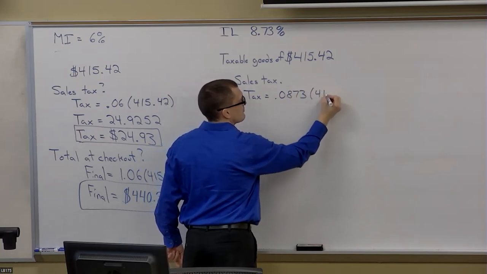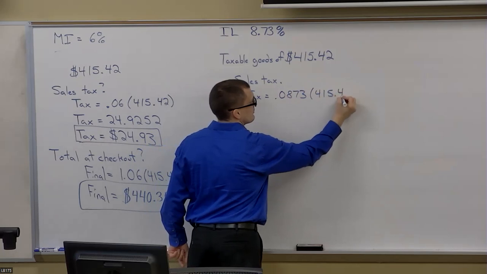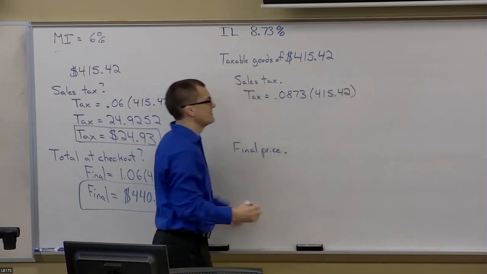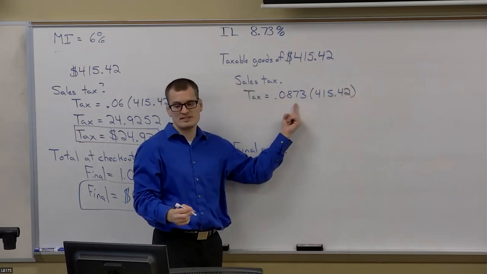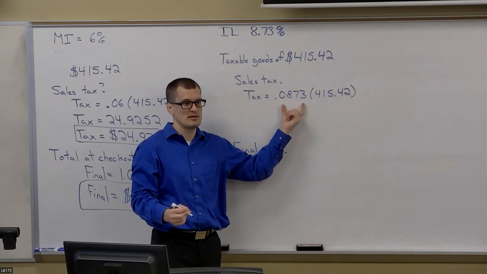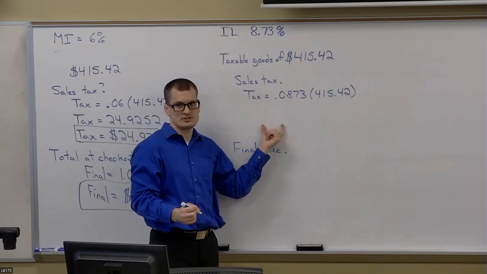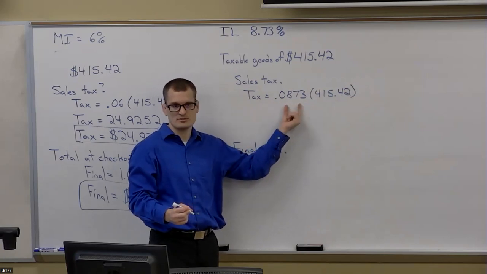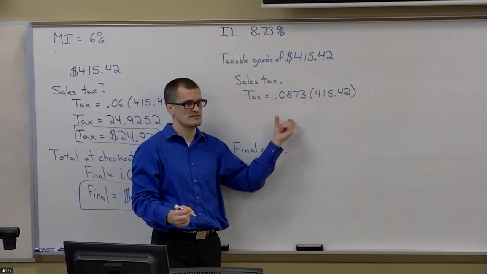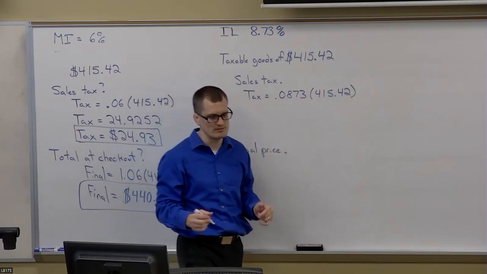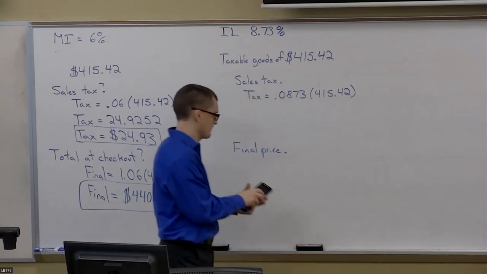And then times 415.42. Now, I do not want to round this in the middle of the problem. I don't want to round this to 0.09. I only round my final answer to 2 decimal places, but not the numbers within the problem. So everybody understand that? So don't round until the very, very end.